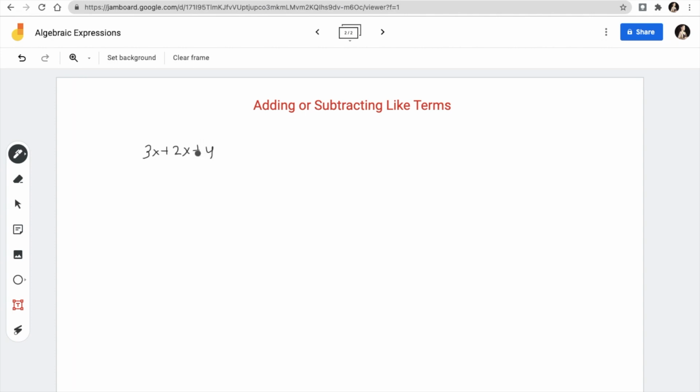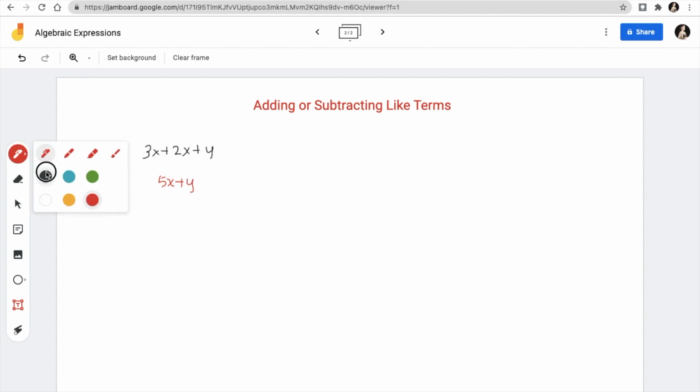There are three terms in this example. Because the first and second terms both have x in them, I can add them, which will give me 5x plus y.